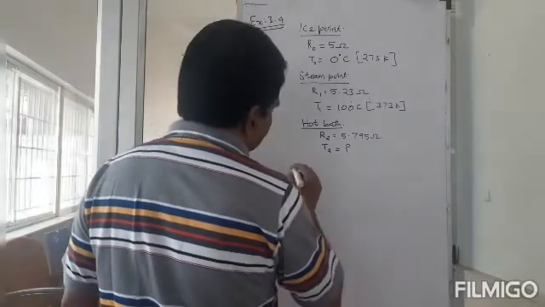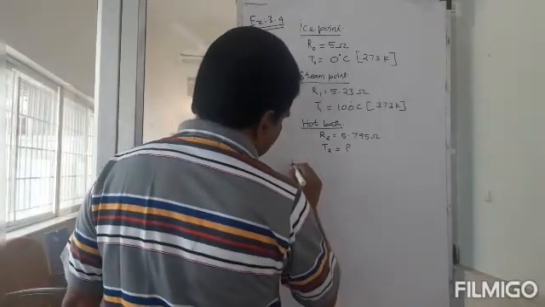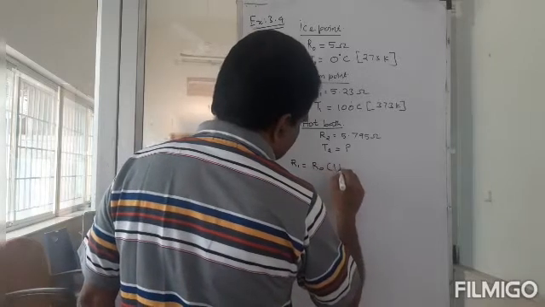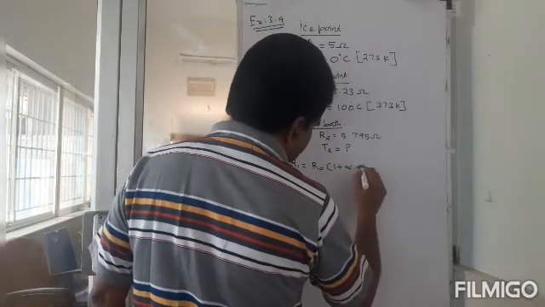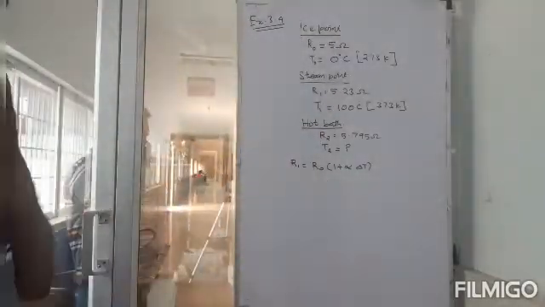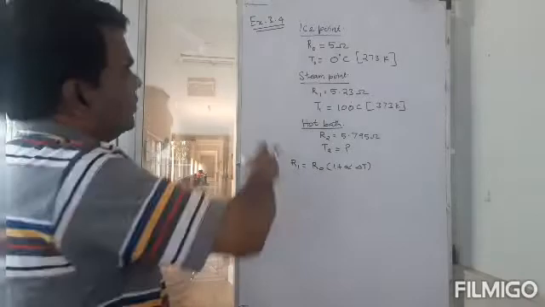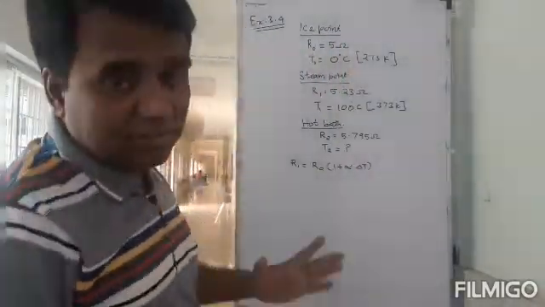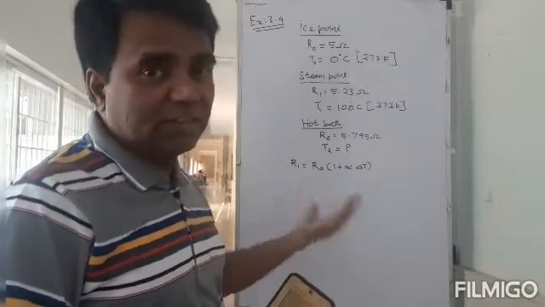So what do I know? I know that R1 is equal to R0 into 1 plus alpha delta T. I can take anything as R0. There's no fixed thing actually.